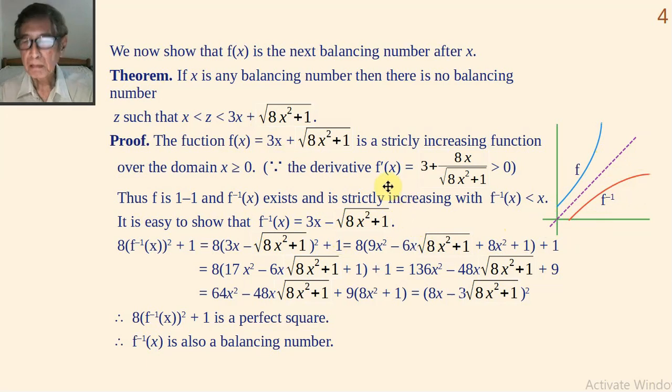We can use the usual methods of finding the inverse function to get the inverse function f inverse x. Using the usual method, it's easy to show that the inverse function f inverse x is 3x minus the root of 8x squared plus 1. Now we compute this, 8 times f inverse x squared plus 1. And we get all this.